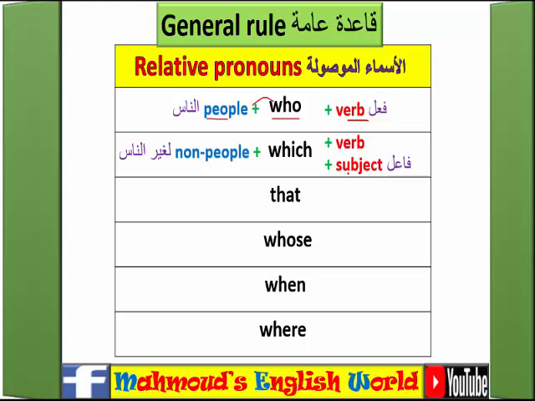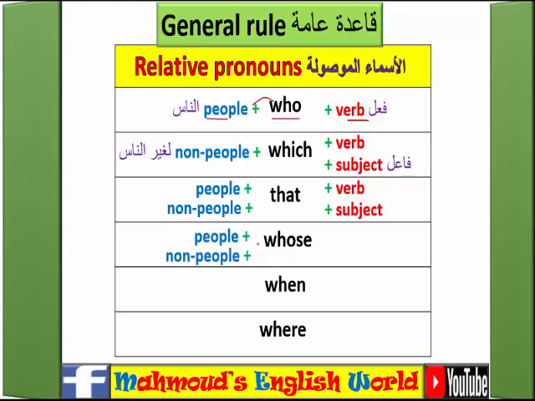That, of course, because it means who and which, here we should have people or non-people, and after it we can have either a verb or a subject. Whose, all the time, it can refer to people or to non-people, like the teacher is people, and the dog in the example we saw is non-people, and after it we should have a noun. Okay, so this is my dog, its color is brown. So this is my dog whose color is brown.